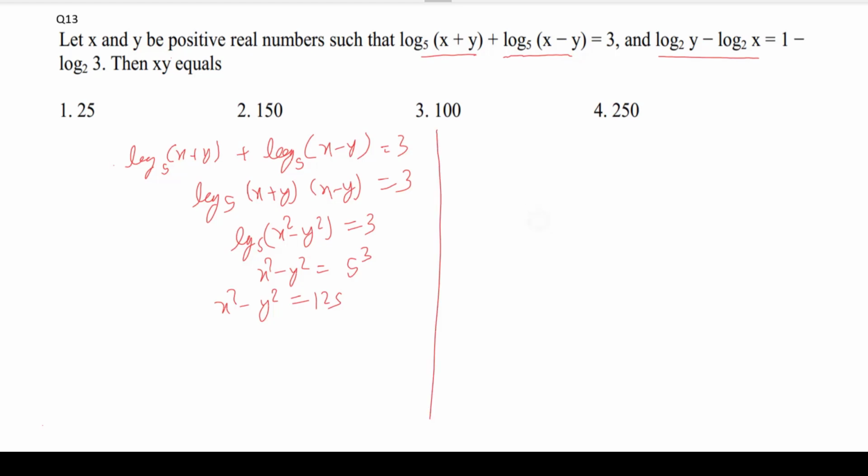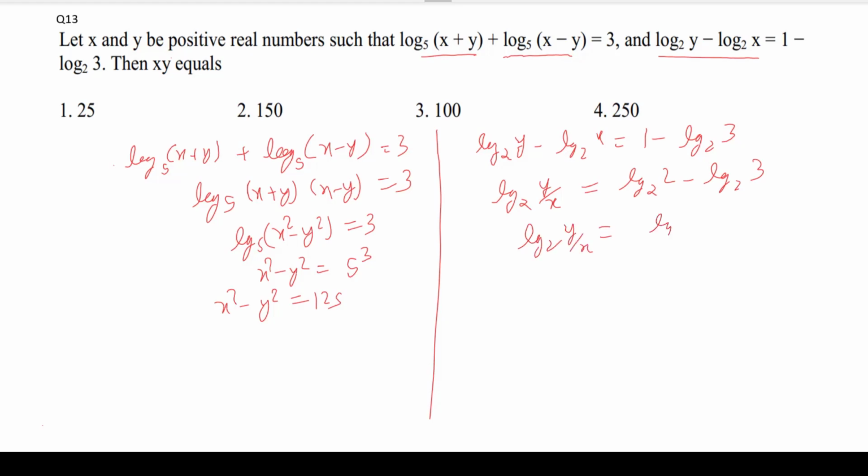Now from the second equation, log 2y base 2 minus log x in base 2 equals to 1 minus log 3 base 2. This will be log of 2y by x, and we can write the right side as log of 2 by 3, and this will be cancelling log on both sides.